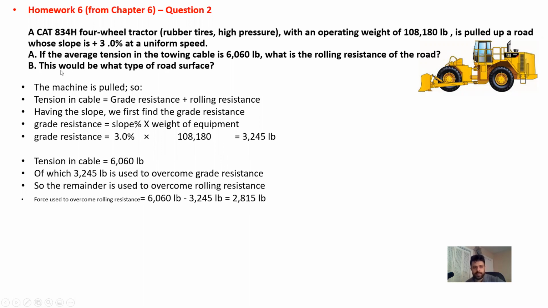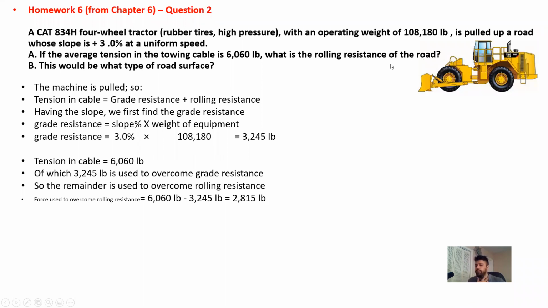But part B is asking tricky questions. It's asking, what type of road surface would this be? So we have the rolling resistance. We know how much it is.